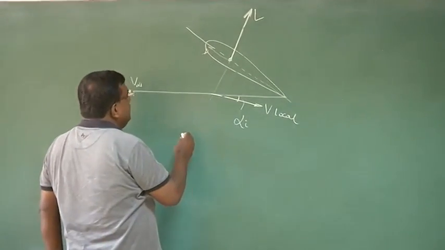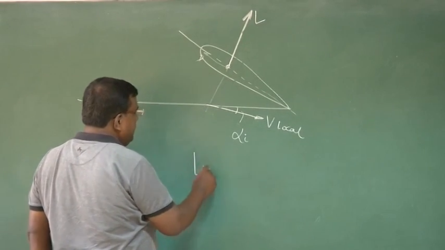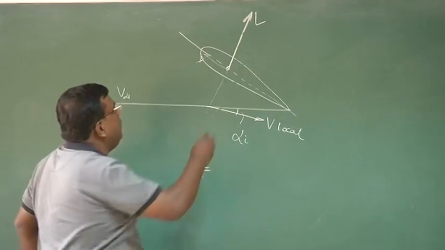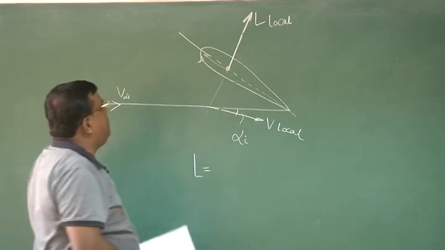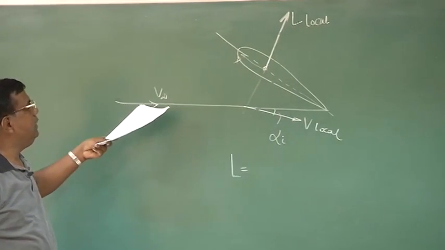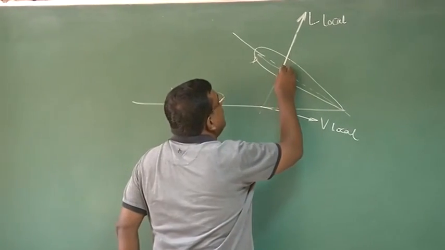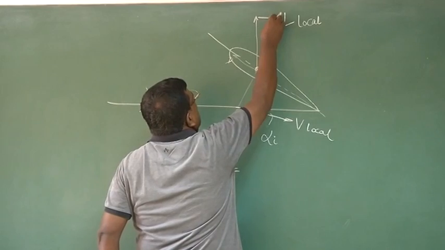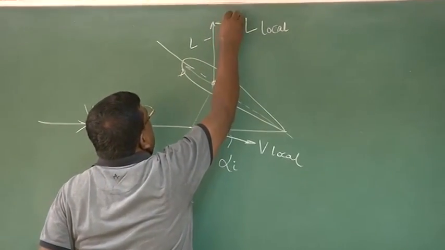Now, since I want to define lift and drag, if I want to write lift, I have to resolve this lift, which I will call local for clarity. That should be perpendicular to the free stream direction for the overall aircraft. So if I take the component, this is the lift and this is the drag. Okay.